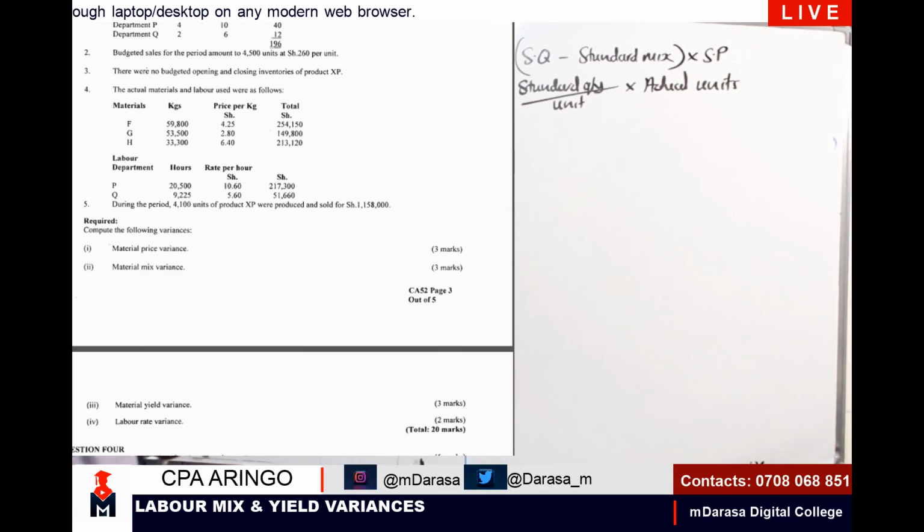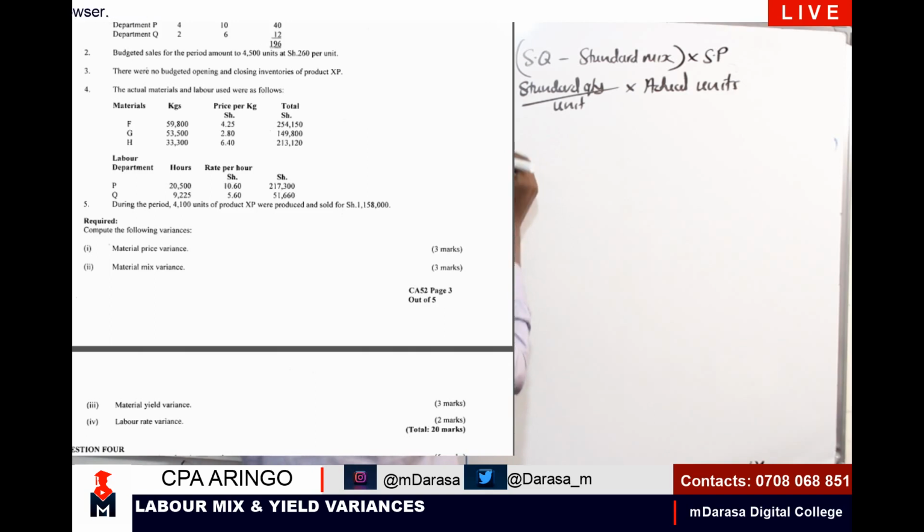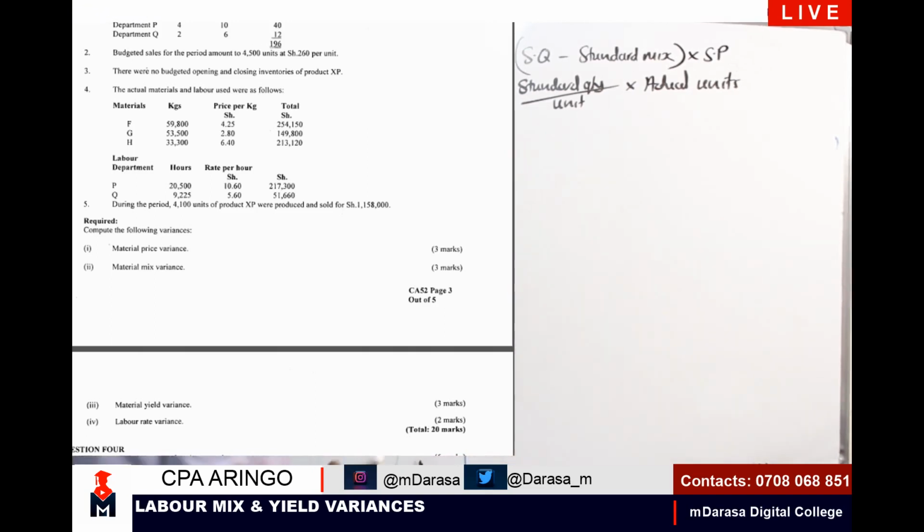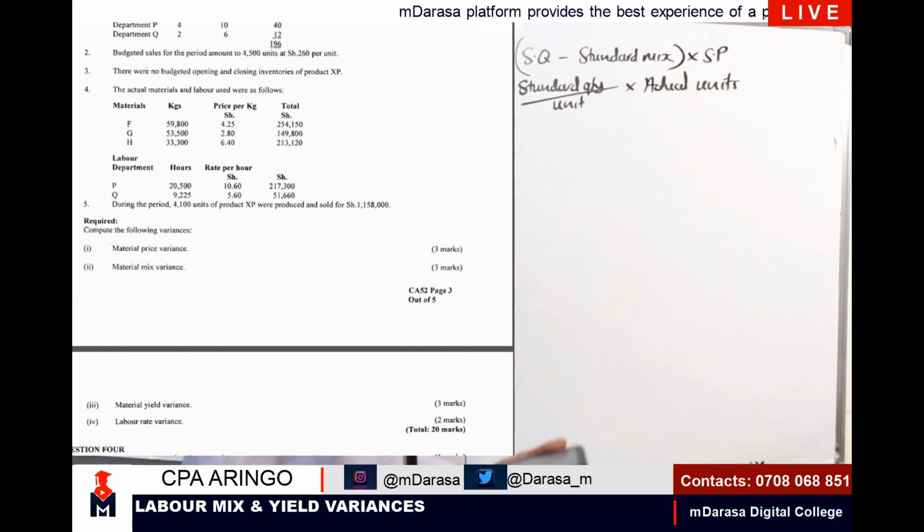So therefore, in this case, what is our standard quantity? I'm having material F, G, and H. The standard quantity per unit we are given is how many kgs we are anticipated to use to produce 1 unit.